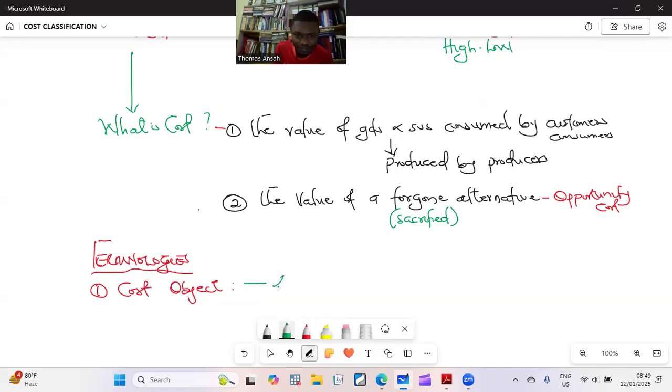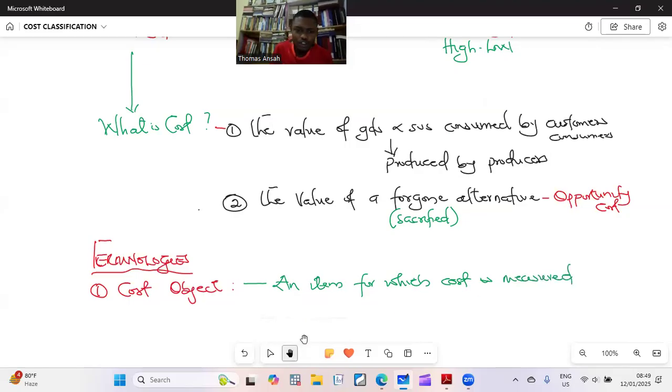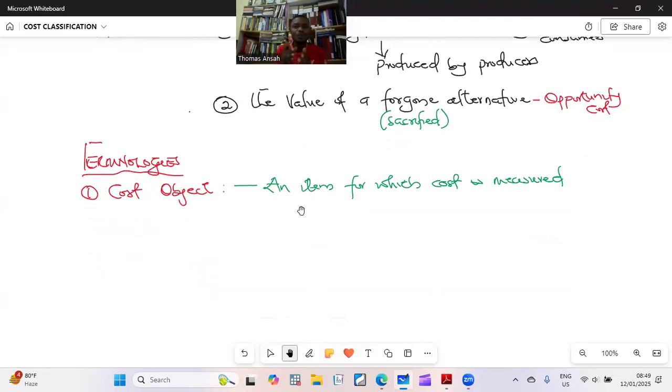It is therefore an item for which cost is measured. So you said you spent something. What did you spend it on? If I have my pen here, it is an object.